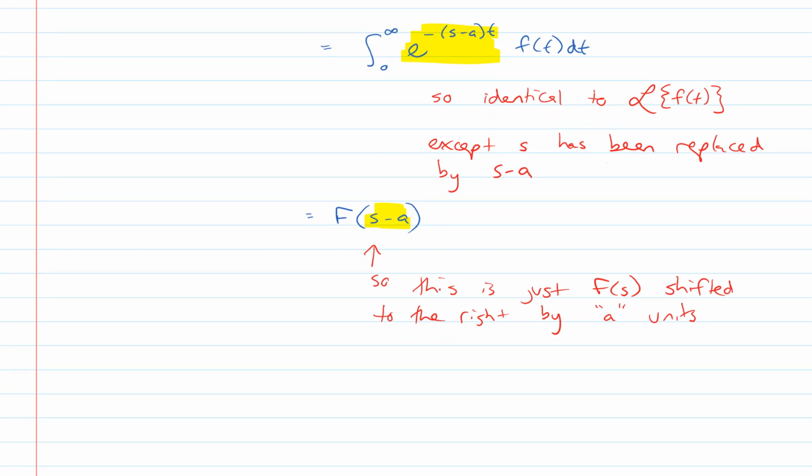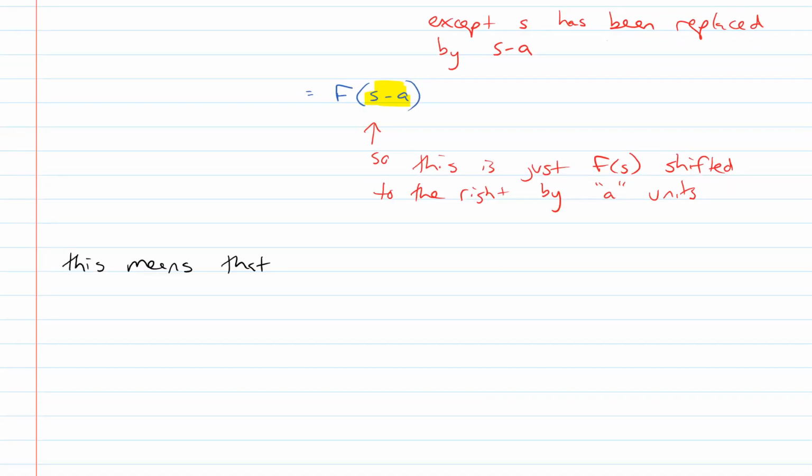So how do we use this property? This means that if the Laplace transform of t raised to the power of n is equal to n factorial over s to the n plus 1, then the Laplace transform of t to the n e to the at, in other words, our f of t is t to the n, and the e to the at will just provide a shift in s.